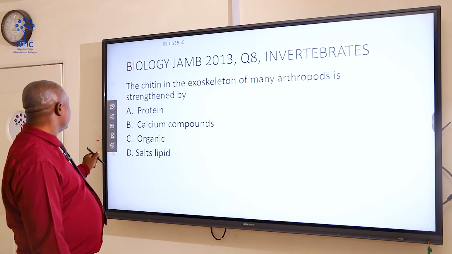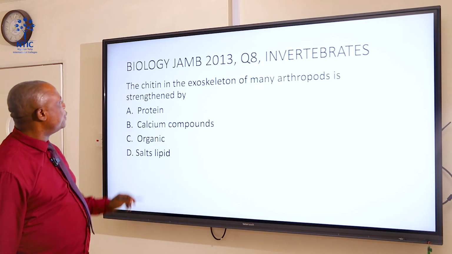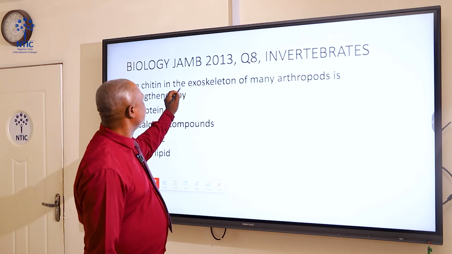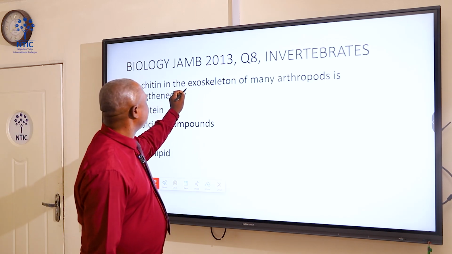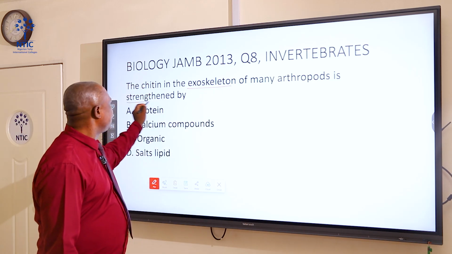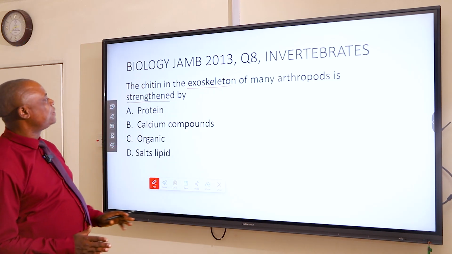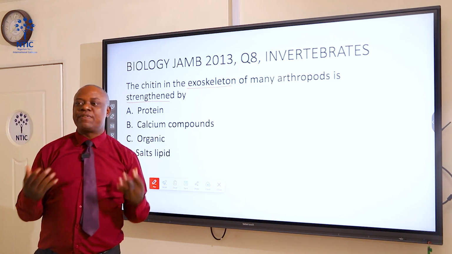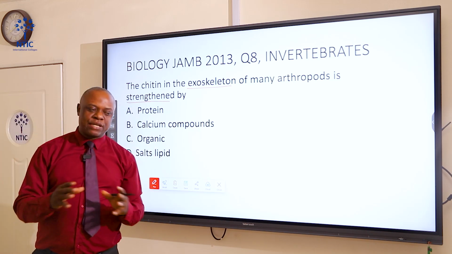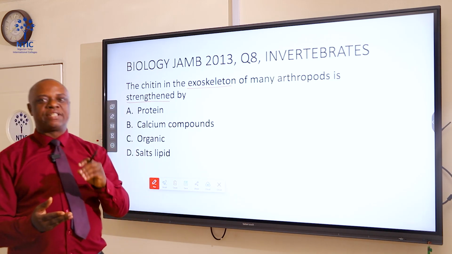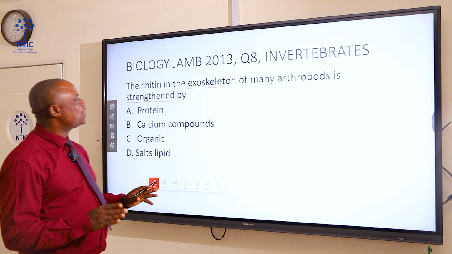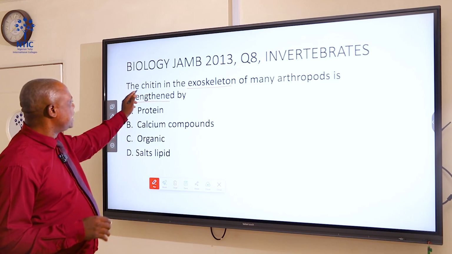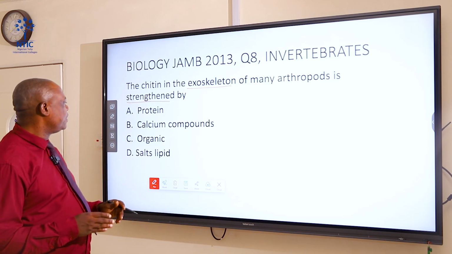Now, the emphasis will be on the term exoskeleton. The exoskeleton is strengthened by what in arthropods? Exoskeleton is the type of skeleton found in the outer part of the body of those organisms that possess them. Now the question is, how is the chitin in the exoskeleton strengthened?